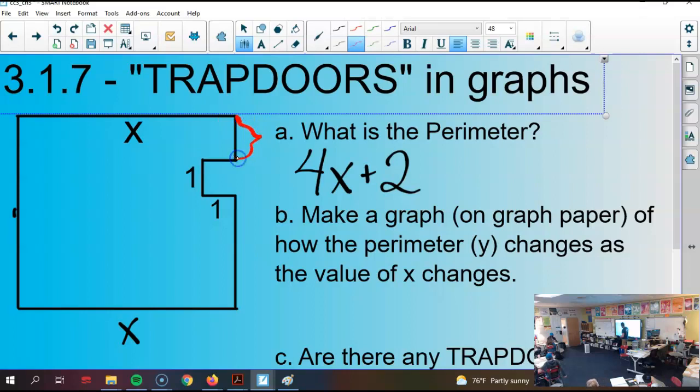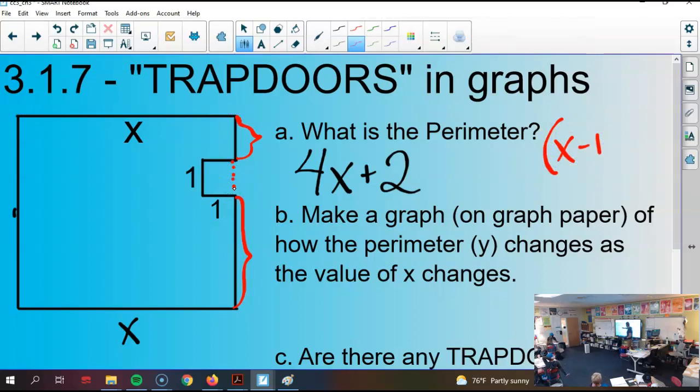And those red sections together are x minus 1, right? Because we're missing this. But then, Colin, what happens here? That's plus 3. So negative 1 and positive 3 get our positive 2.